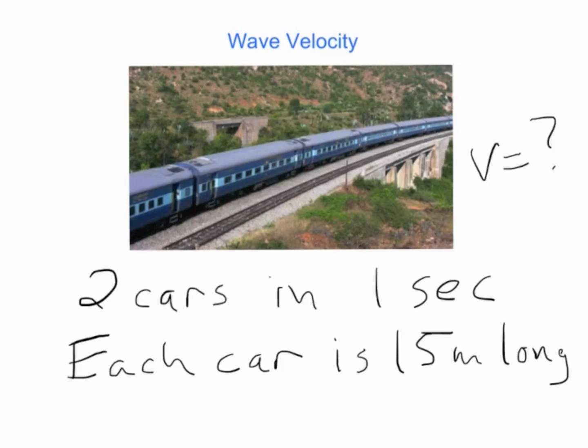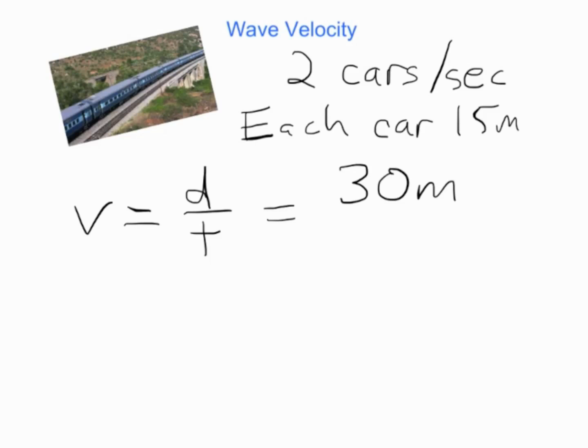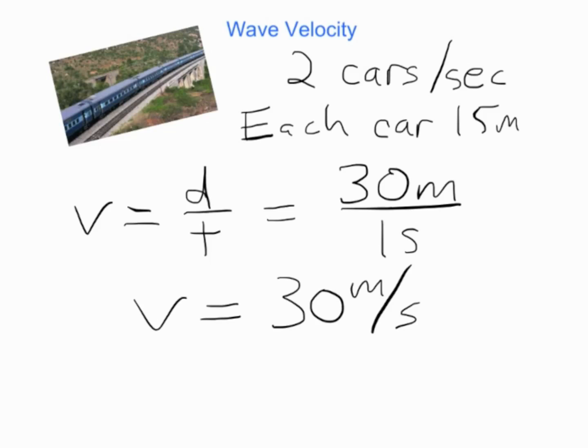Pause the video, do this on your own, and resume when you have your answer. So here's the solution. We have v equals distance over time by definition. Now the distance is 30 because 2 cars times 15 meters is 30 meters, and that's in 1 second. And so the velocity is 30 meters per second.